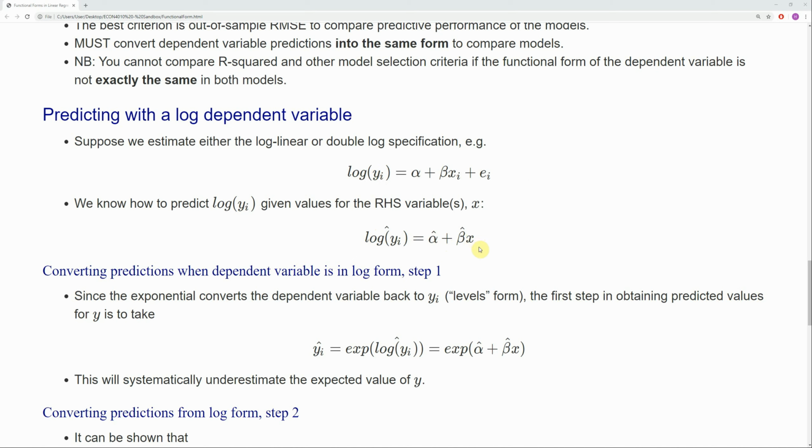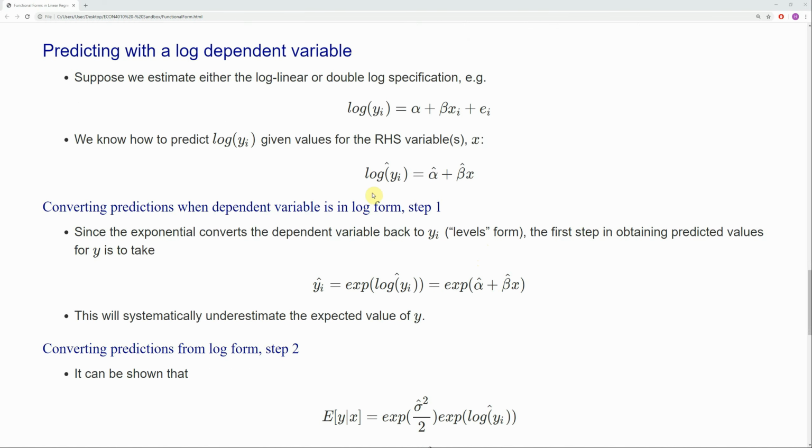Now, in the first step, we could think that, hey, this is a log of yi, so if we take the exponential function of this, then the log is going to go away, and we're going to end up with yi hat.